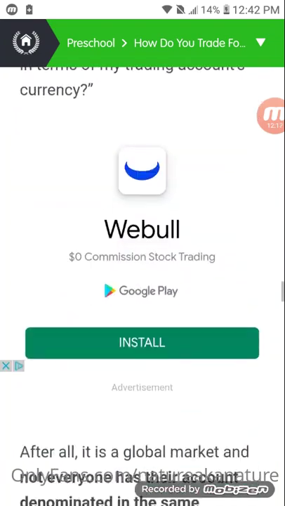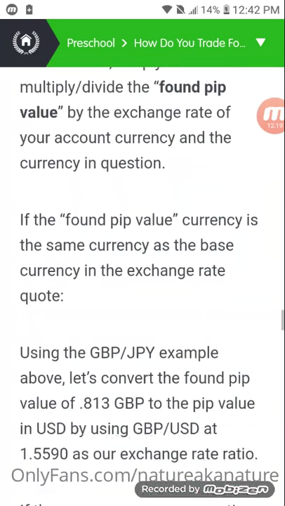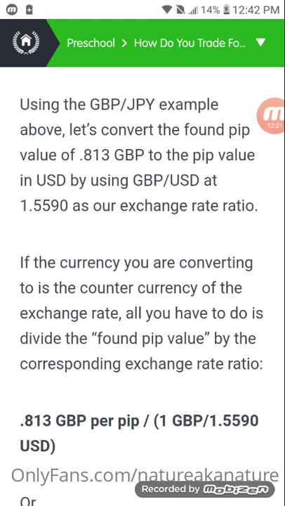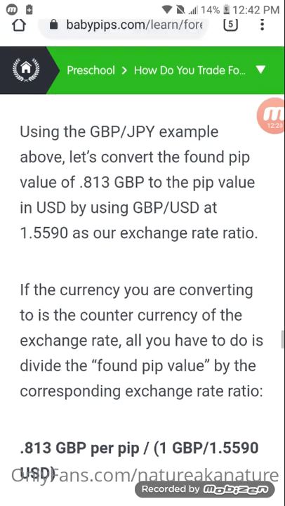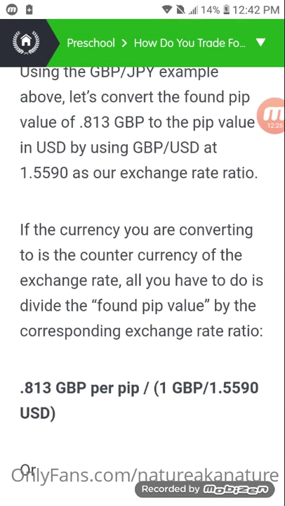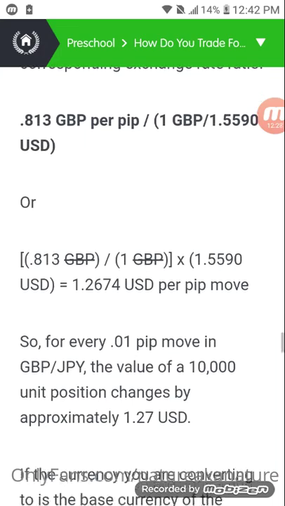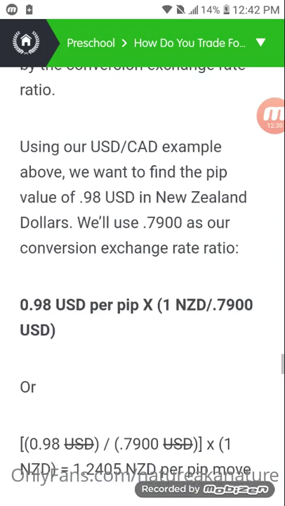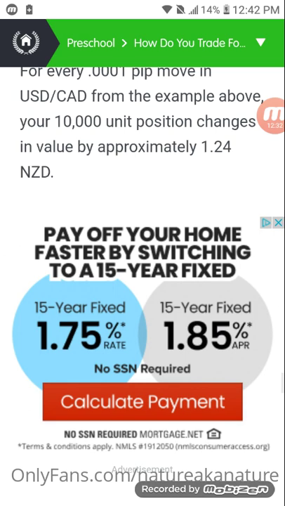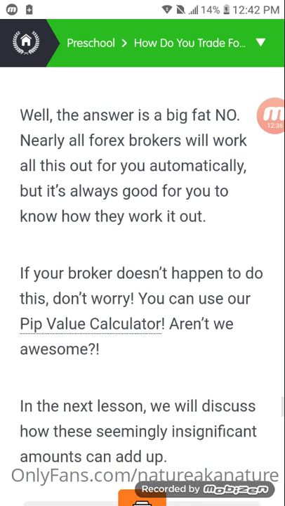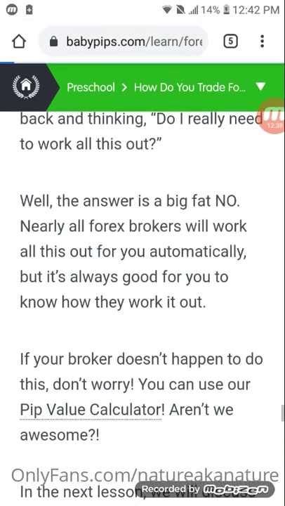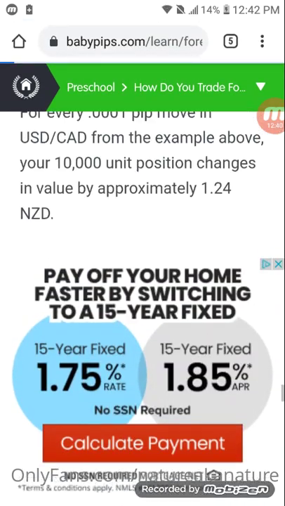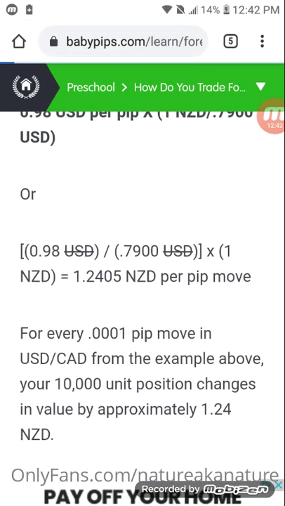I can break this down and explain that in another video. Really, what they're doing here is finding a ratio of the pips that you made and multiplying it by the unit per position, to find out how much money you made per pip.